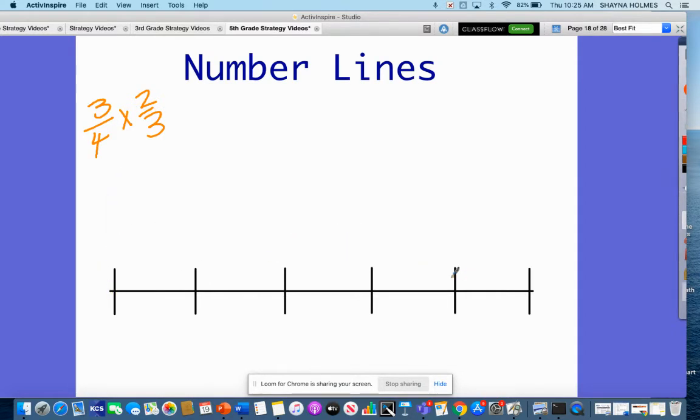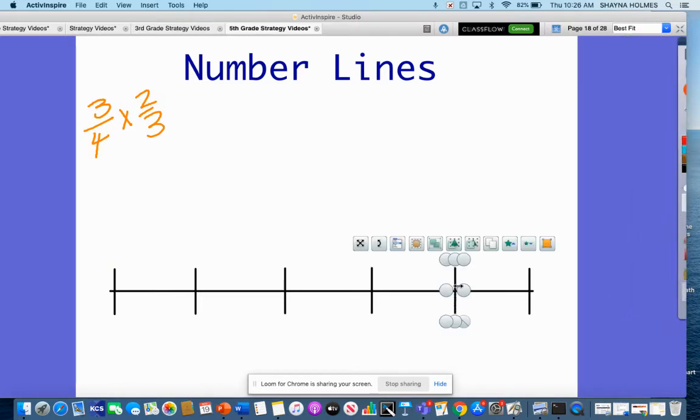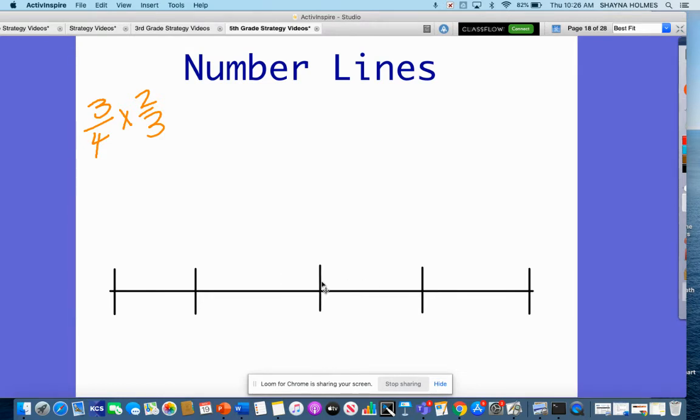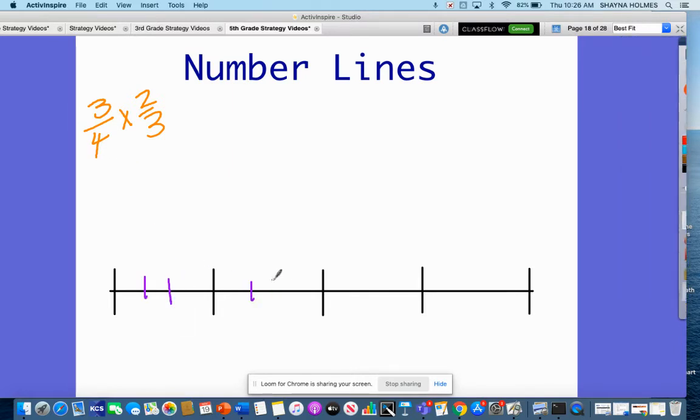So I'm going to do the same thing that I did when I was adding and subtracting. I'm going to cut this into fourths, because this is what I have, 3/4. And then I'm going to break that into thirds.